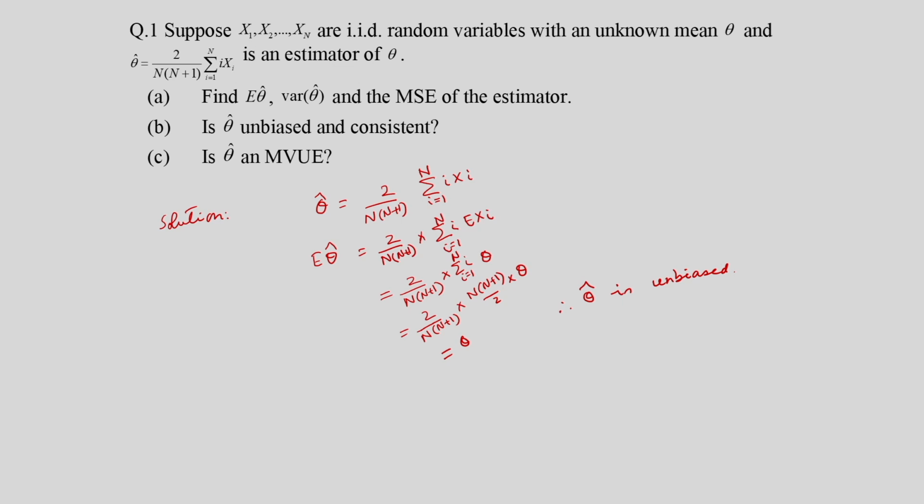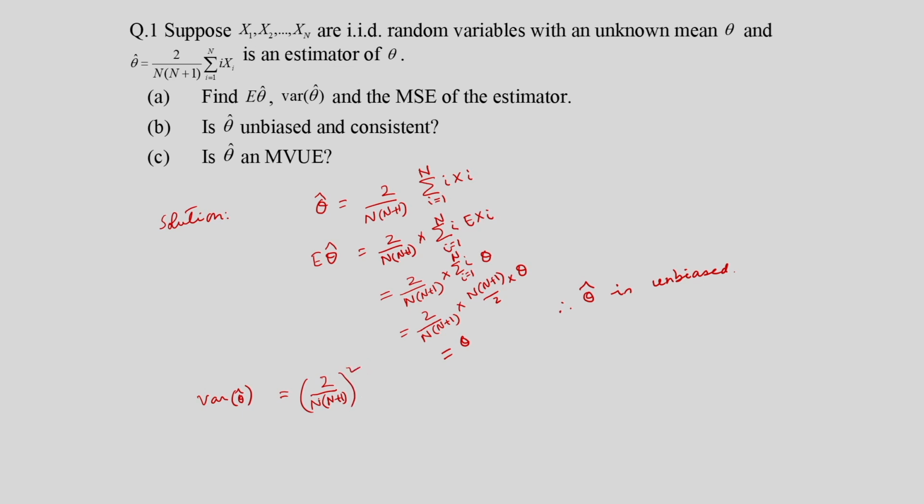We can find out the variance of theta hat. Because it is an unbiased estimator, we can simply find the variance, which is equal to 2 by n into (n plus 1), whole square, because this is a constant.